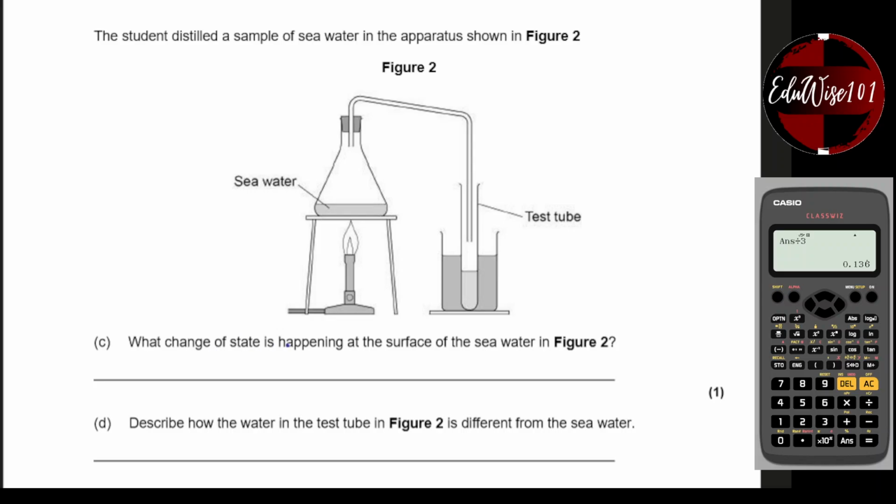The student distilled a sample of seawater in the apparatus shown in figure 2. What change of state is happening at the surface of the seawater in figure 2? So here you've got the seawater. When you heat it, the water is boiling.